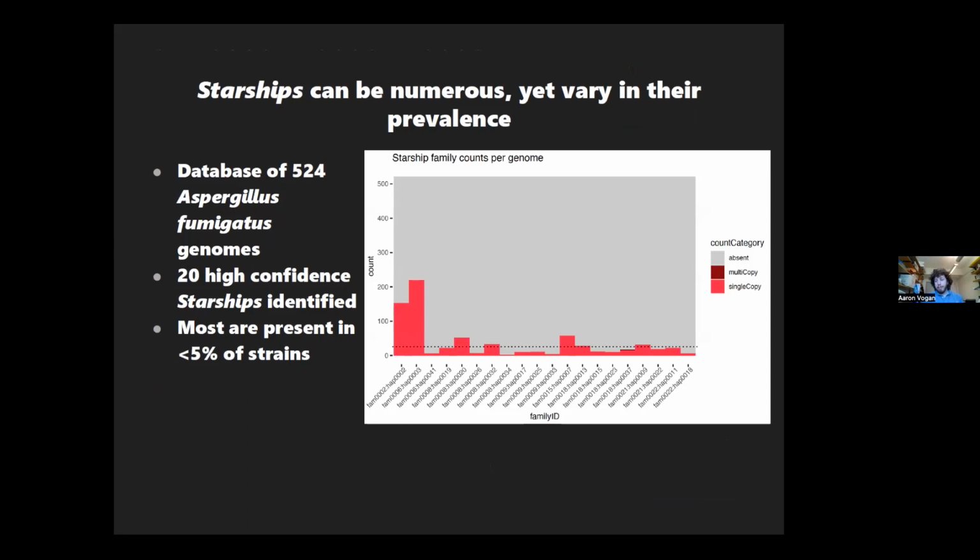From this population, we pulled out 20 high confidence starships. There might actually be a few more. So we're not just talking about 1 or 2 per species now; this seems to be what's going on at the population level. But most are pretty rare. The dotted line here is the 5% line. Many of them are pretty rare in the population, with just a couple that are common.